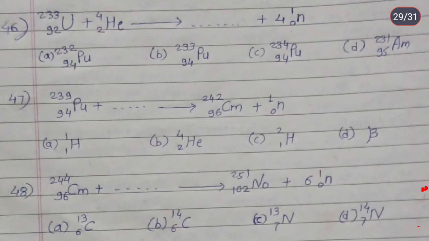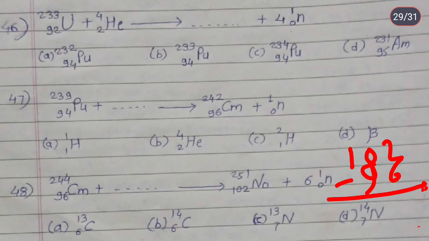In the next reaction, curium 96-244 plus something gives nobelium plus 6 neutron. So here we also balance. 102 minus 96 is 6. The atom having atomic number 6 is carbon. But in the options there are two having carbon 6-13 and carbon 6-14.